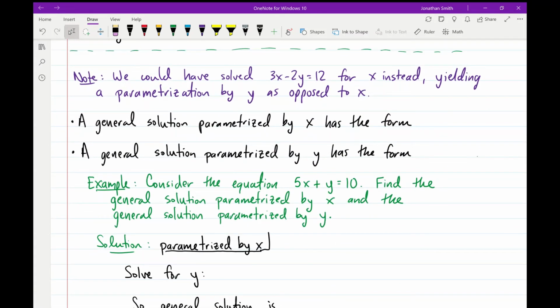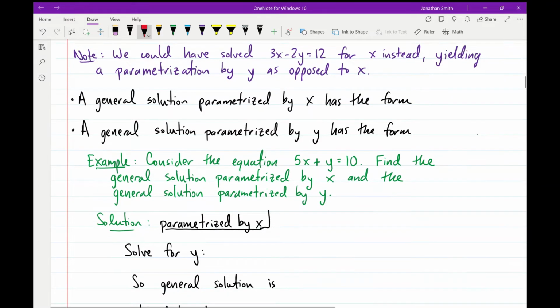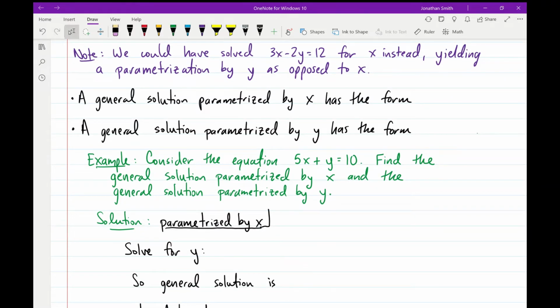Okay, so we could have taken this linear equation that we started with, 3x minus 2y equals 12, and solved for x instead of solving for y. And if we did that, we would have ended up with a parameterization by y. So y would have been the parameter, and the general solution would have incorporated the variable y as opposed to the variable x. So a general solution parameterized by x is going to have a form like this.